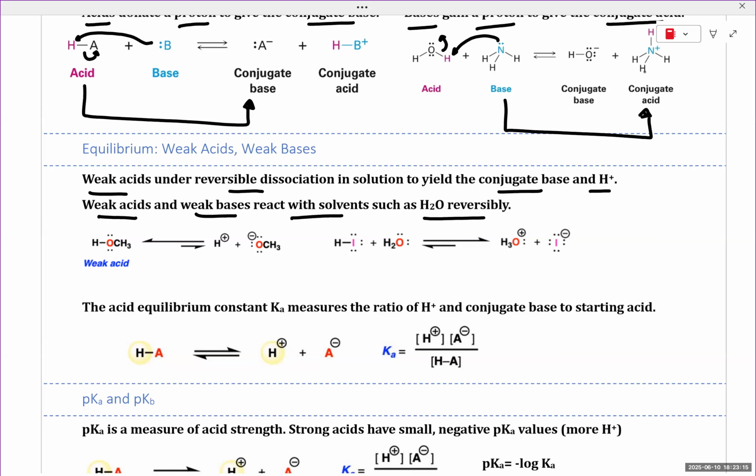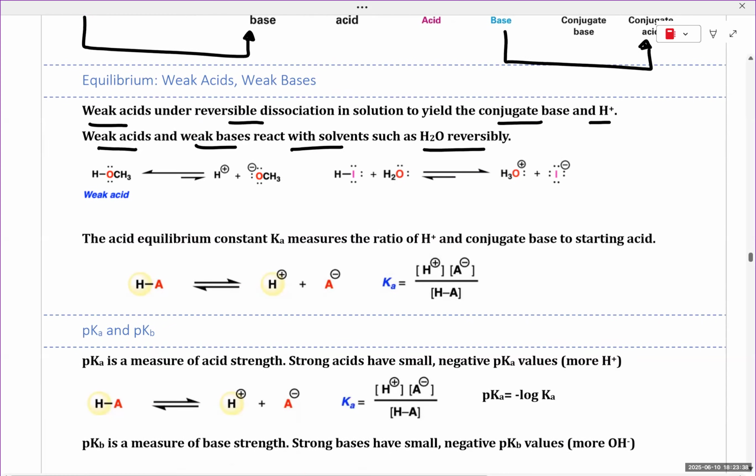So for example, if you have a weak acid, its dissociation is reversible. This is an equilibrium process. Now, the degree of reversibility depends a little bit on the exact acid and base that you're dealing with.